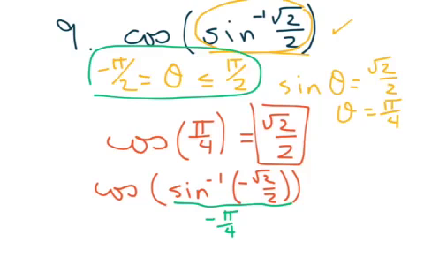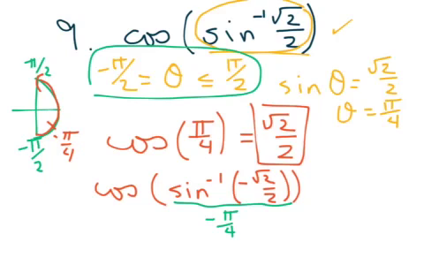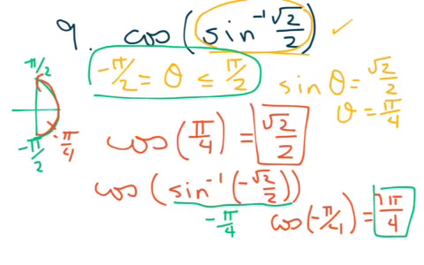We only can use this part of our unit circle, and we're starting at negative and going up to positive. So this is negative pi over 4. Now we have cosine of negative pi over 4, and this equals root 2 over 2. So notice the difference between the two answers here.